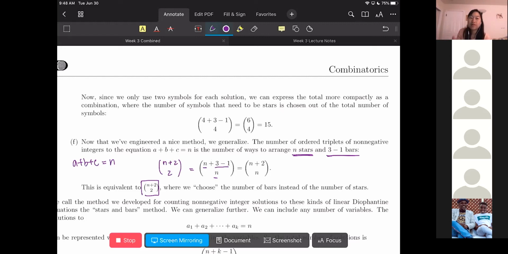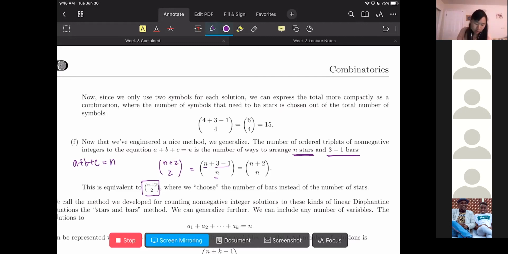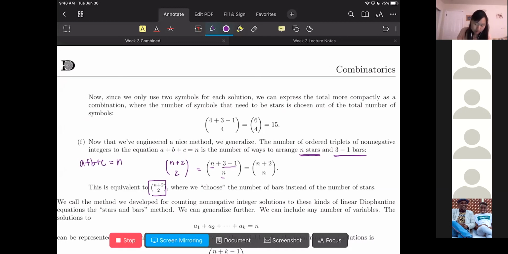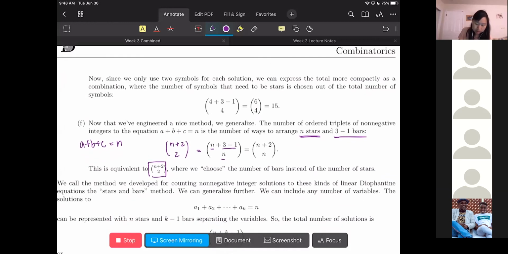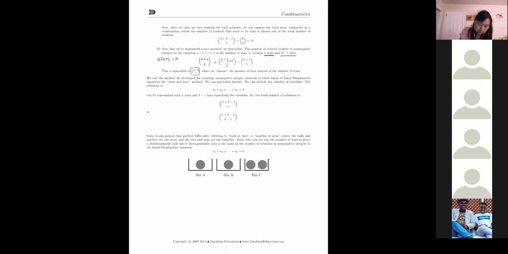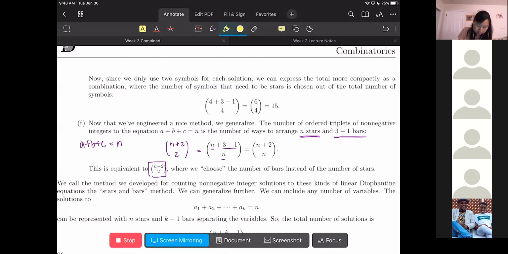And so in this case, the answer is N plus 2, choose 2. To illustrate how this approach can help you solve much more complicated problems where it's harder to list out all the solutions, we can try to generalize further. So say we want to find the number of solutions to this general Diophantine equation, where instead of having just 3 variables, we have k variables, and we sum to n.